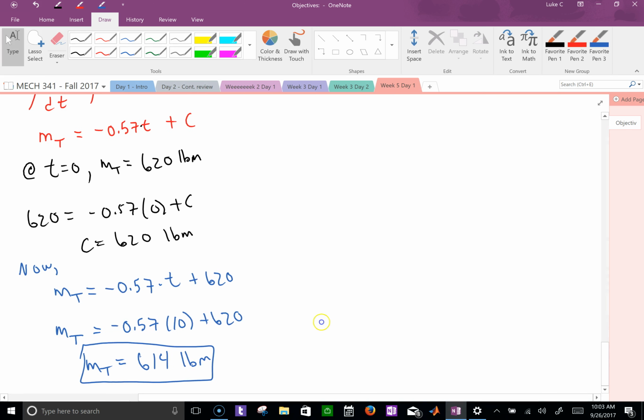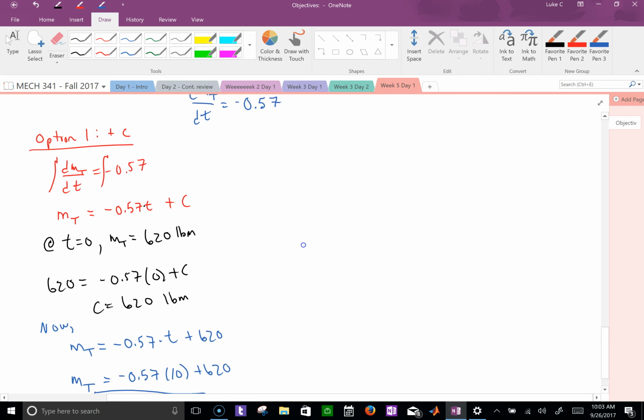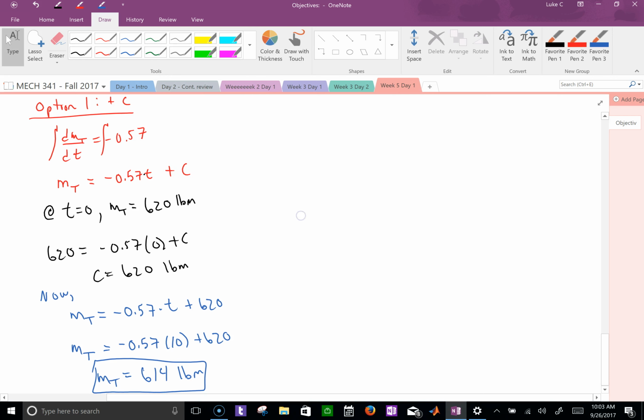So, let's do option 2. This is one of the limits. So your equation for the mass of the tank times the amount of cycles should just give it. You don't need the C, right? You know how we solved the C there? Yeah.